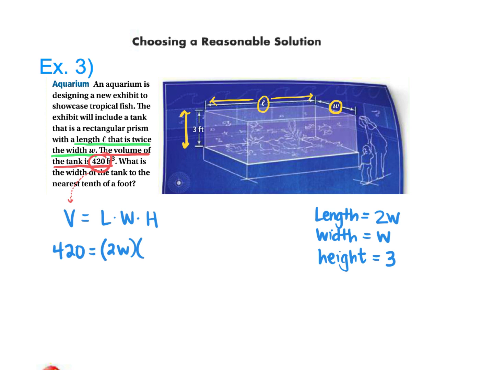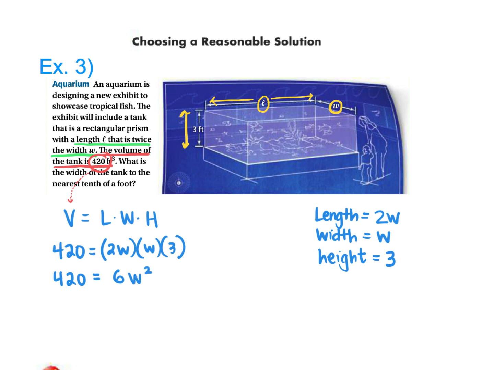The width is plain W. And the height is 3. So we're looking at multiplication, where 420 is 2W times plain W times 3. That's 6. That's 2 times 3. And then the 2 W's make W squared.